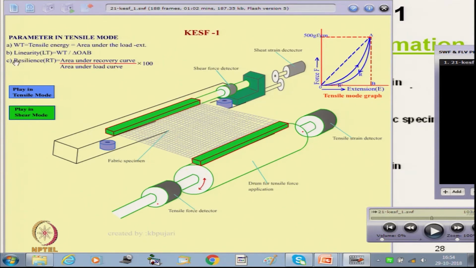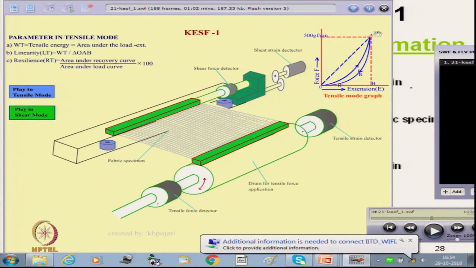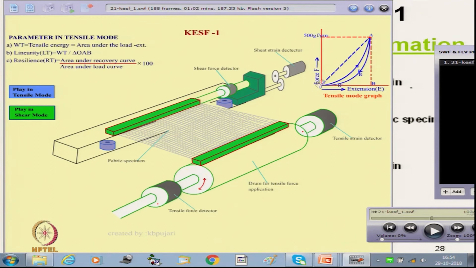Next is the linearity LT, linearity of the curve, which is nothing but WT, the energy required for extension, divided by the area of the triangle AOB, which would be formed if the curve was a straight line.